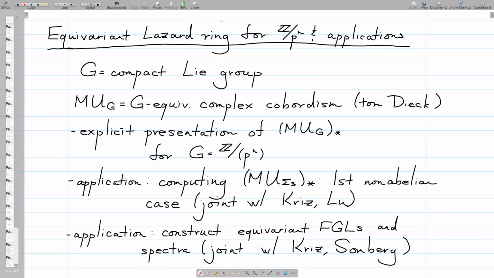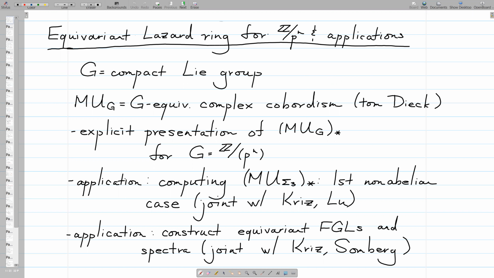So what I'm talking about today is the equivariant Lazard ring, in fact, for the cyclic group Z mod P to the N and some applications of that. So what do I mean by equivariant Lazard ring?